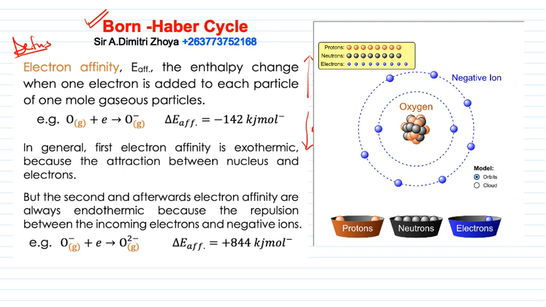So we have formed a negatively charged ion. By adding one electron to each mole of gaseous atoms, we are forming an ion. So this ion is negatively charged.